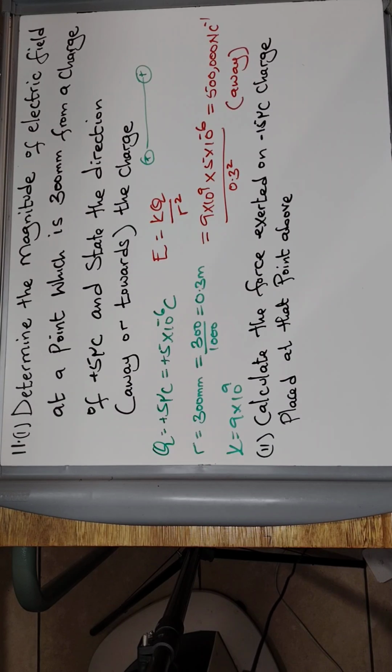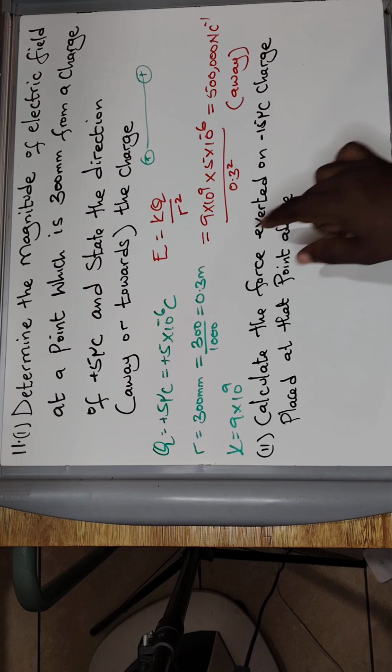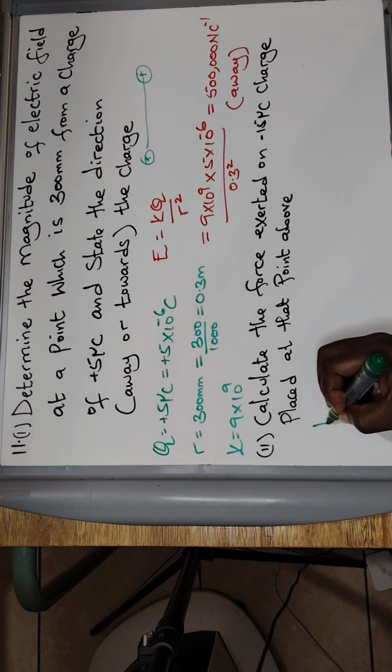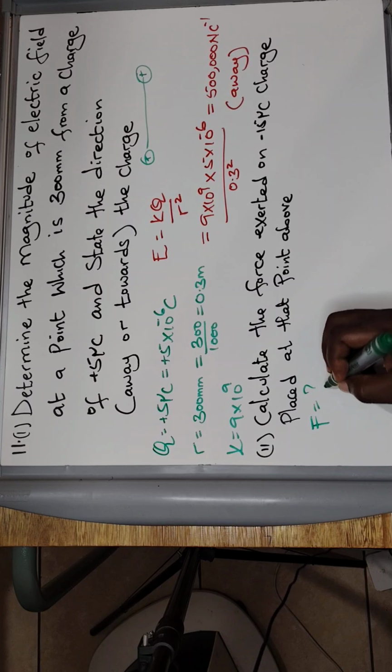So comes this question. It says, calculate the force exerted on that charge placed at that point above. Okay, how do you get this force? Let us look at our data. You have the force which you are looking for.